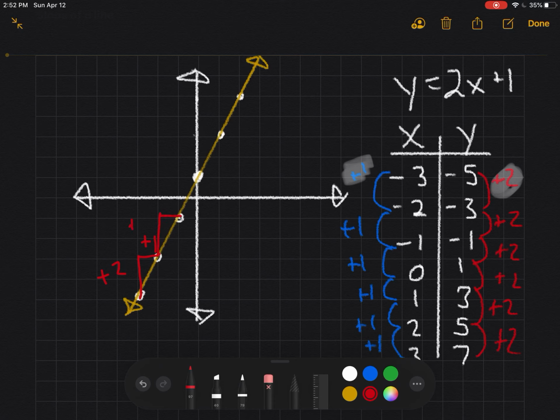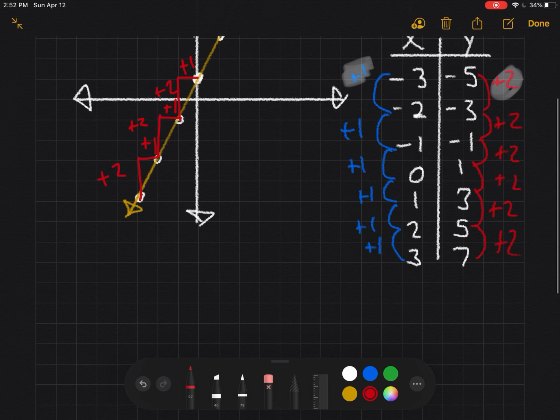Can do this in triangles, I think is better. So here I add 2, add 1. I go up again 2 and 1. Up 2, add 1.